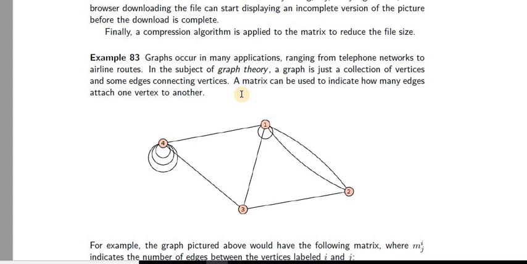Now in graphs, you also can represent the contents of a graph by a matrix. Now graph in mathematics doesn't just mean the graph of y equals x squared, something like that, but graph means a structure consisting of nodes or points connected by edges.